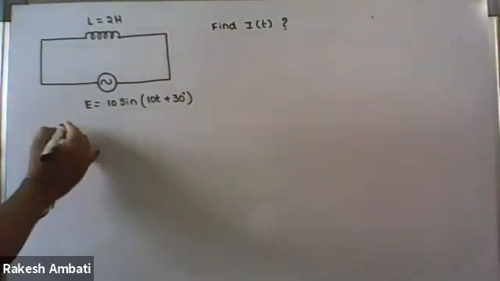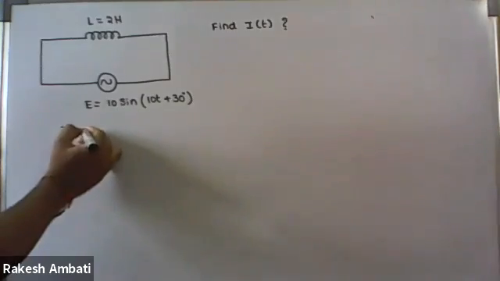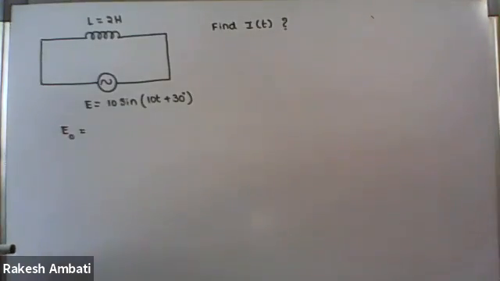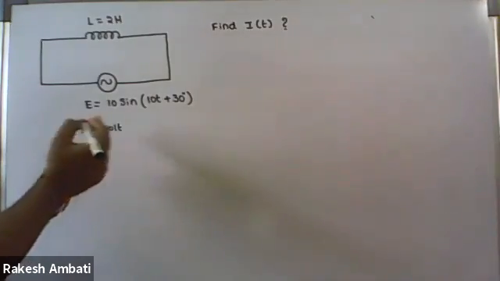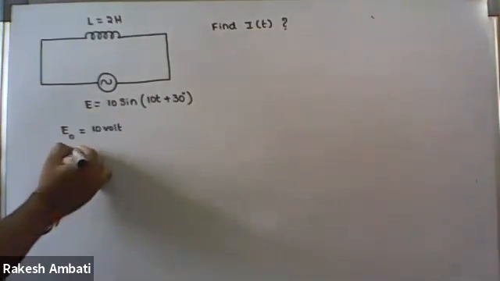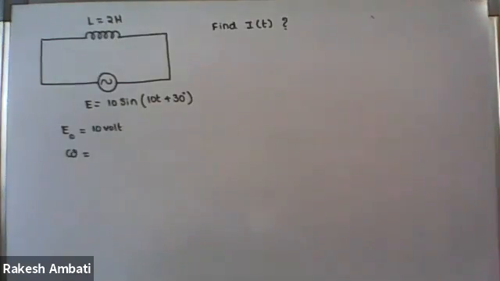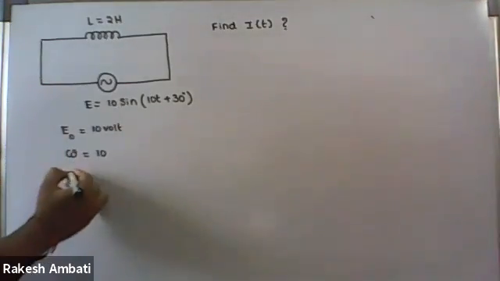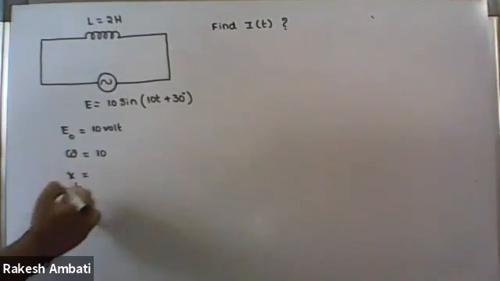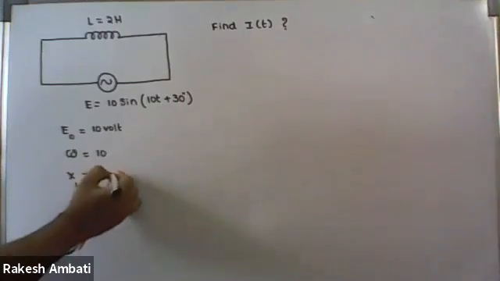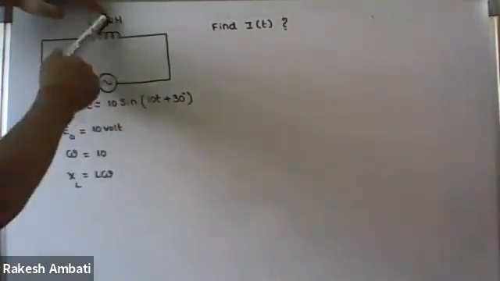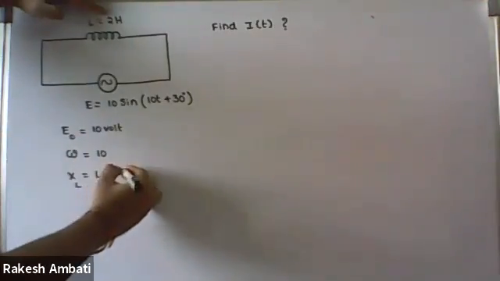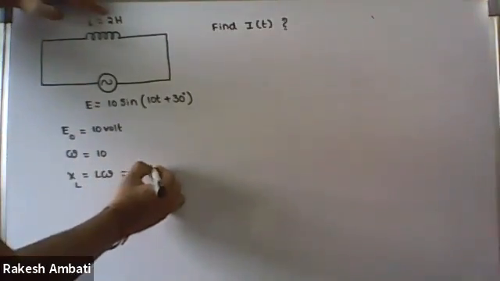First of all, in this circuit, what is the E naught value given? 10. And what is the omega value? 10. So how do we find XL? XL is L omega. L is given, omega is given, 2 into 10, so 20 ohm.